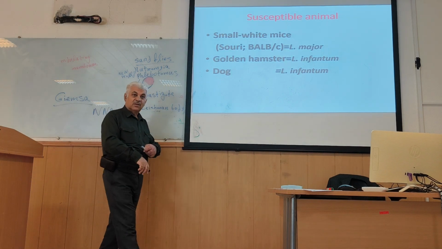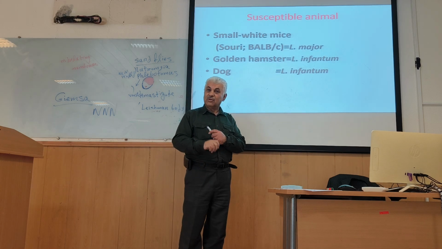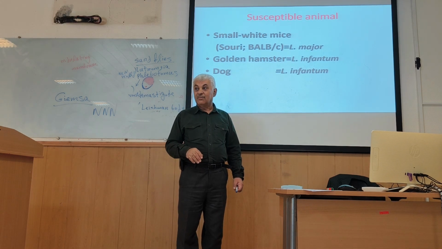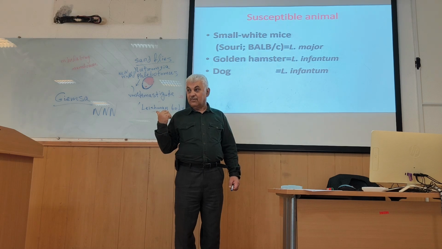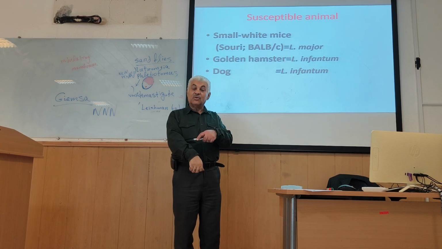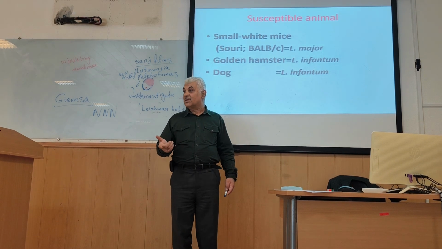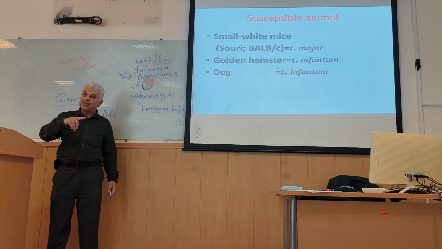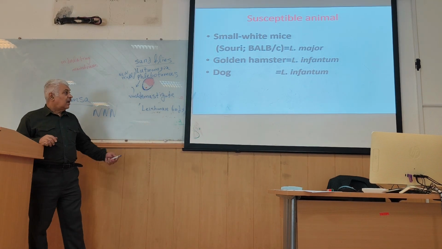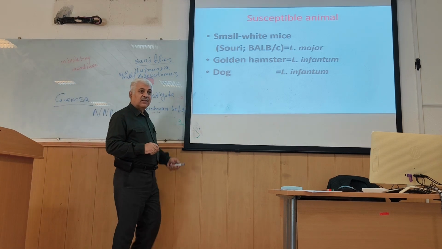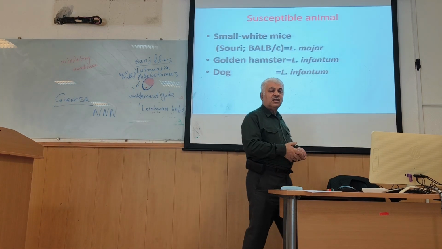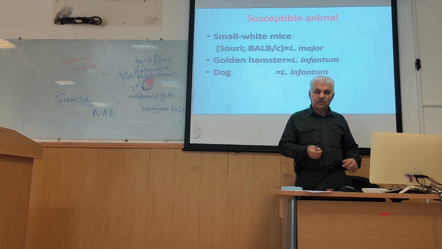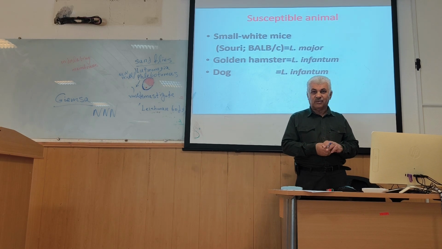A patient infected with Leishmania tropica, inoculated to the mice, no lesion appears. But Leishmania major produces a lesion in mice, and this differentiates between Leishmania tropica and Leishmania major. And golden hamster and dog are very susceptible to Leishmania infantum, producing visceral leishmaniasis.